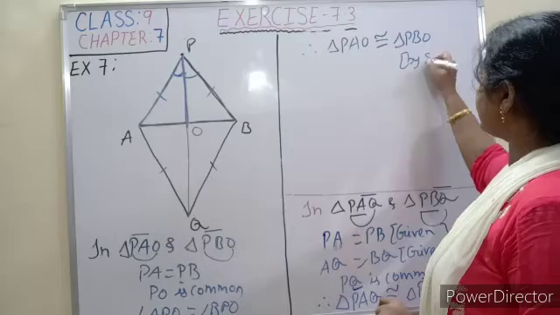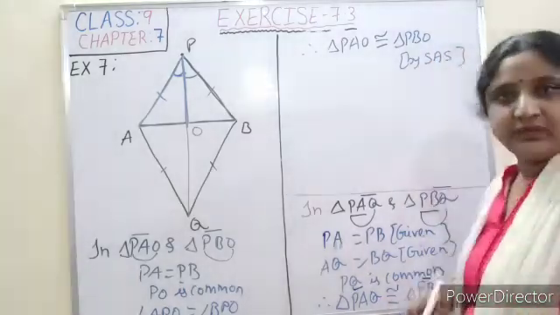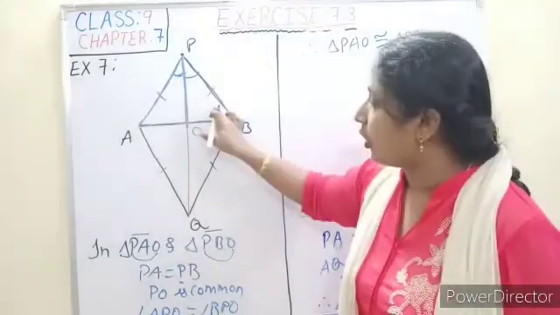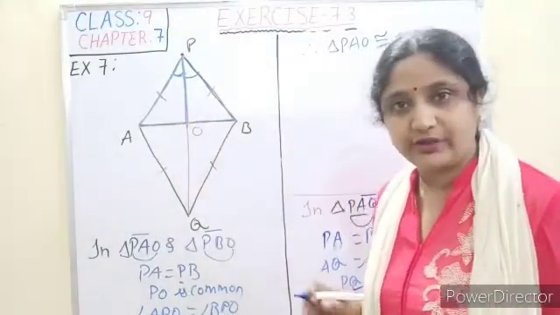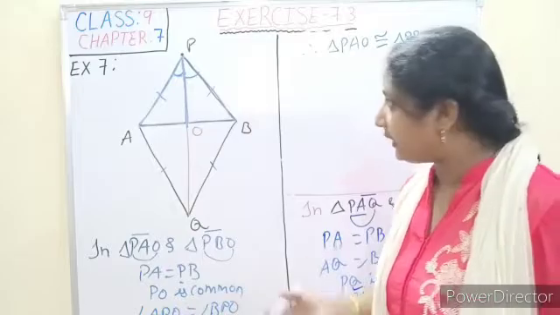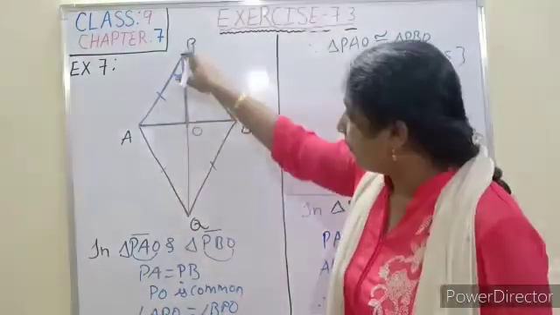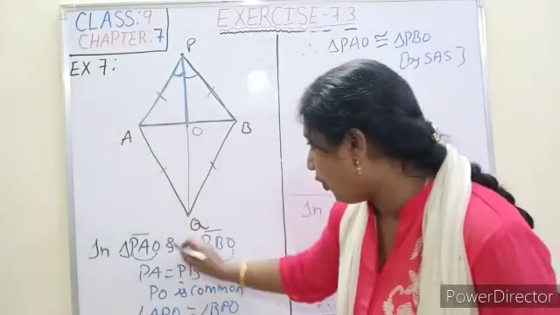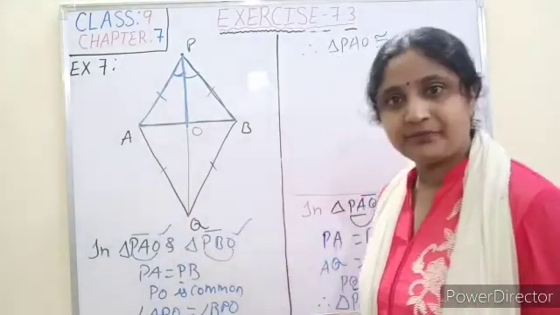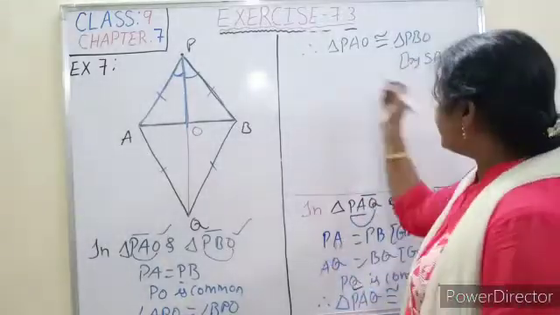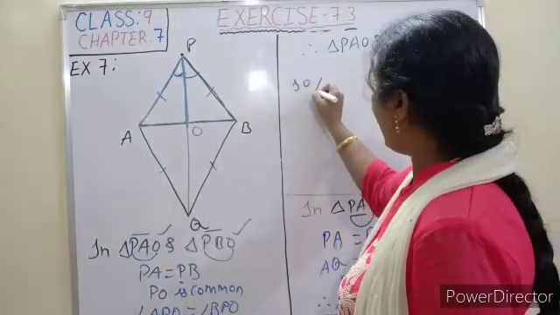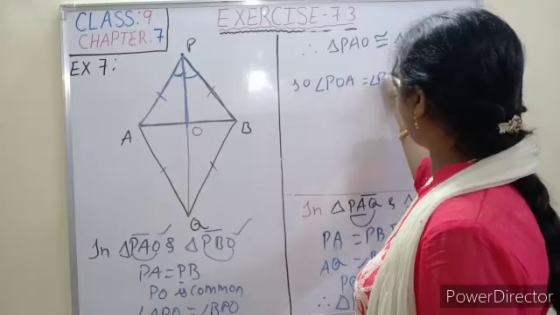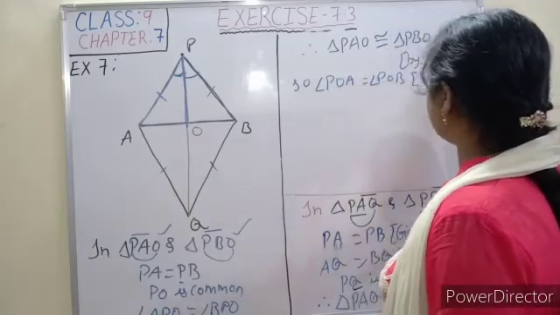When by the SAS rule these two are congruent, this angle will also be equal by CPCT. Because what is this angle? Angle POA, angle POB, that means this last angle, corresponding. So angle POA equals angle POB by CPCT.